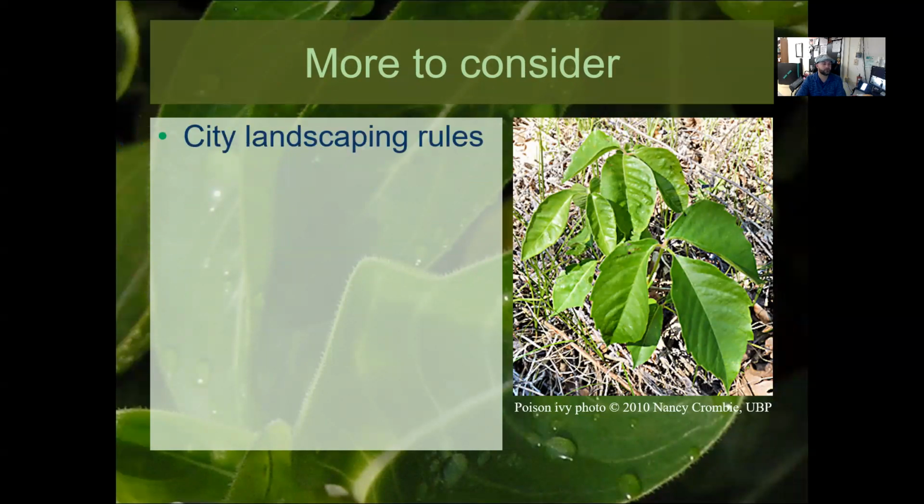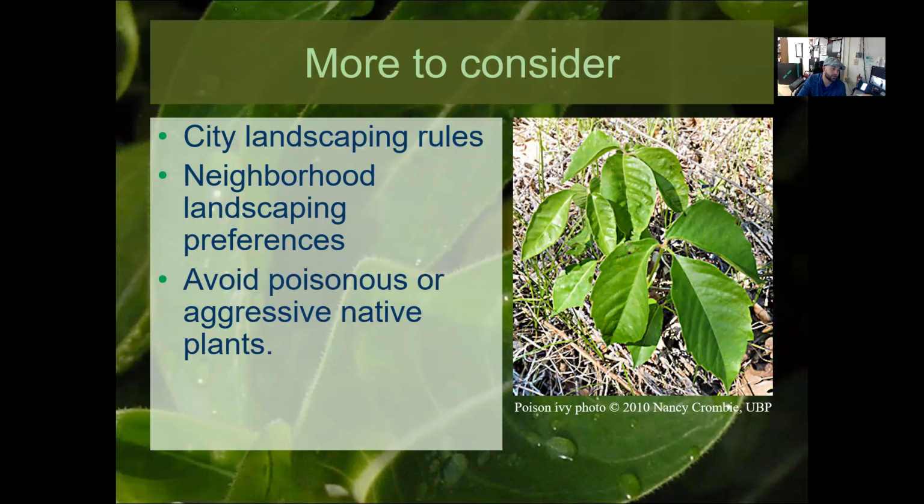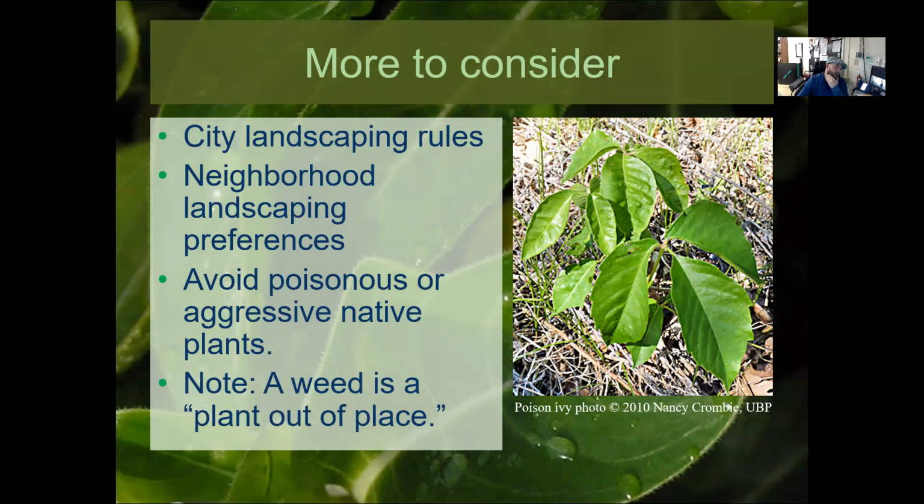Other things to consider: city landscaping rules, neighborhood landscaping preferences, avoiding poisonous or aggressive native plants such as the poison ivy on the right here, and a weed is a plant out of place. So if you have plants that are growing where they shouldn't be, technically that's considered a weed.